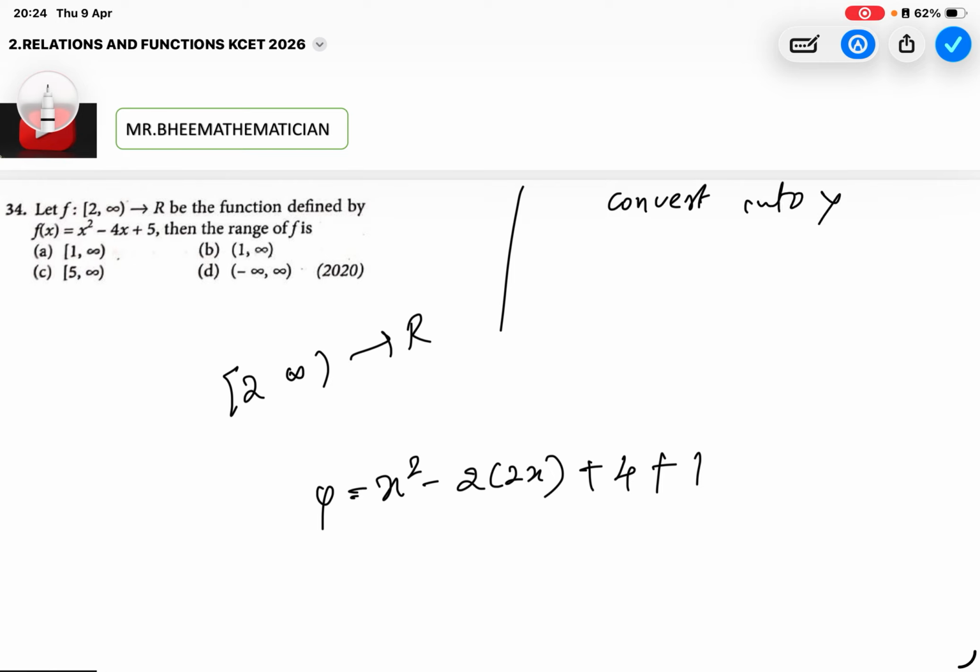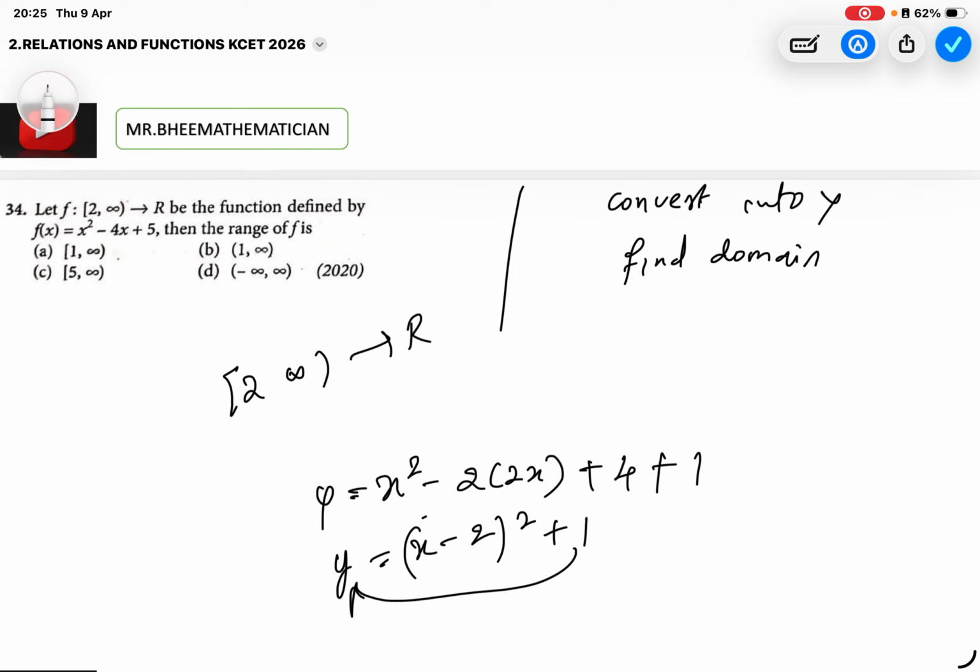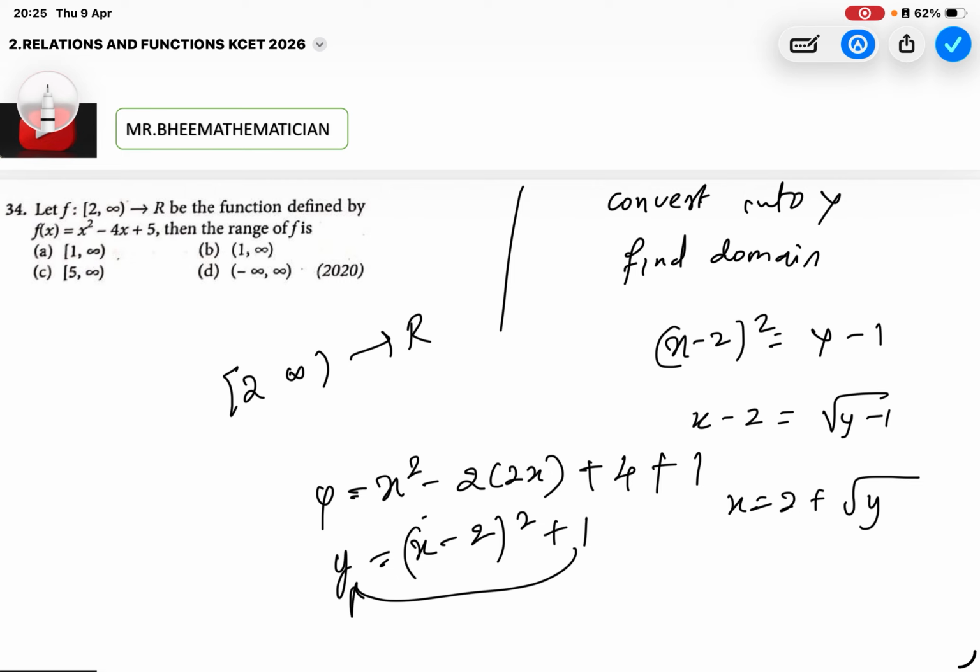Then find the domain. Very easy. Then this becomes x minus 2 whole square plus 1 comes this side. It becomes y minus 1. X minus 2 is equal to root of y minus 1. X equals 2 plus root of y minus 1. This is the x value.